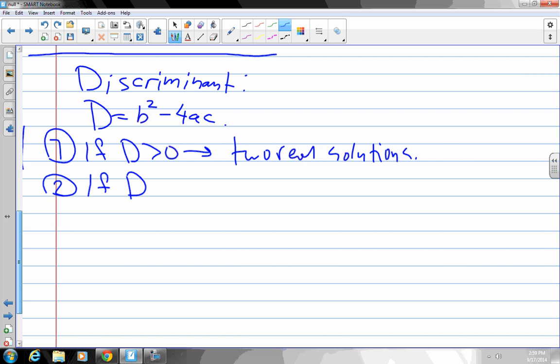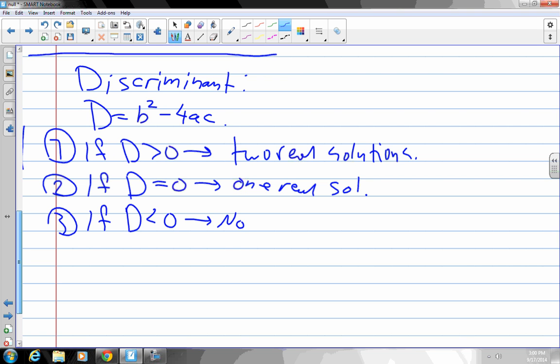If D is 0, then there is 1 real solution. And if D is negative, then there are no real solutions. You get 2 complex solutions.